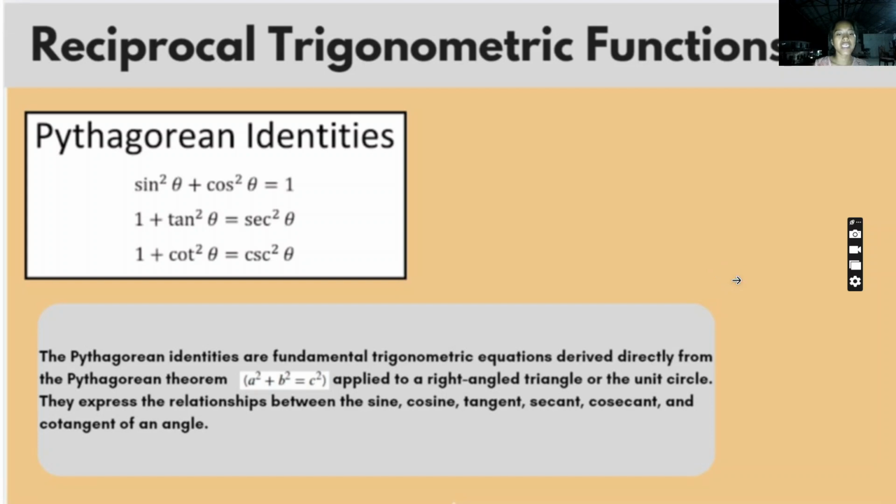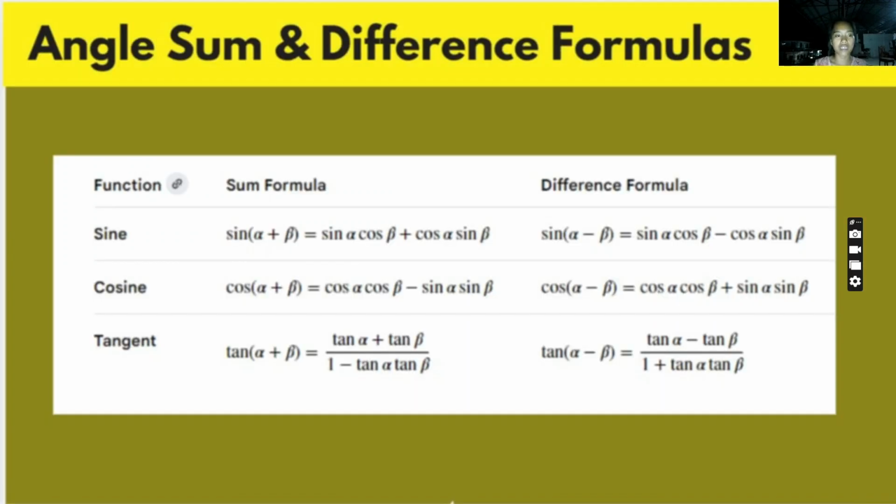The Pythagorean identities are fundamental trigonometric equations derived directly from the Pythagorean theorem, which is a squared plus b squared is equal to c squared, applied to a right-angled triangle or to the unit circle. They express the relationship between the sine, cosine, tangent, secant, cosecant, and cotangent of an angle.